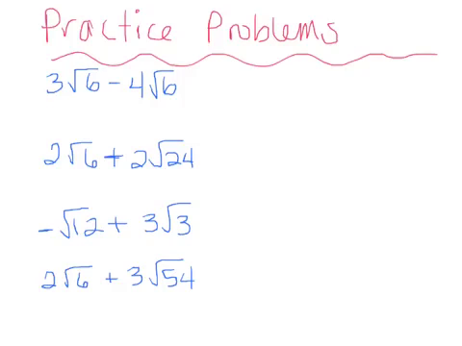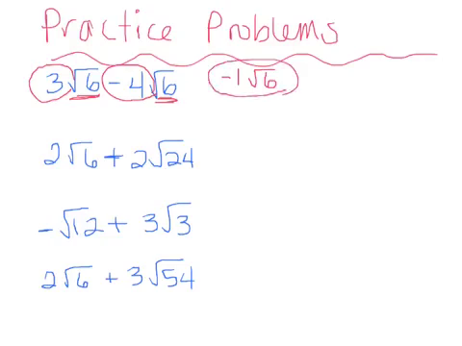Okay, remember, if I have common radicals, I can do the subtraction of the coefficients. 3 minus 4 is -1 square root of 6. Square root of 6 can't be simplified any further. Here I don't have the same radicals, but I can get the same radicals. 24 is the same as 4 times 6.